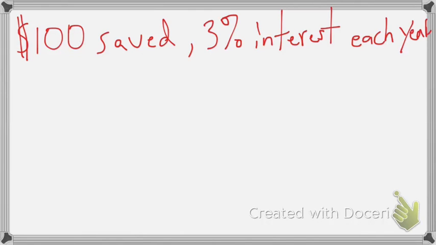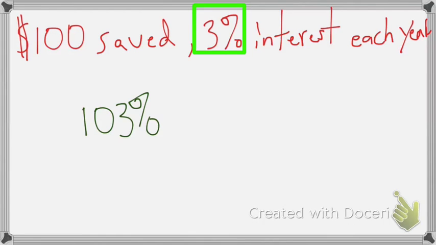So all we have to do is, actually, we don't take those two numbers, sorry. What we need to do is take the percentage that we're making and add that on to 100. So we know that would be 103%, which would be 1.03.